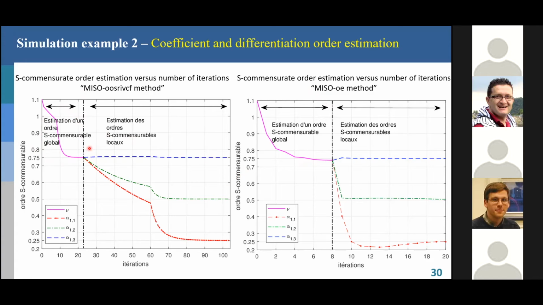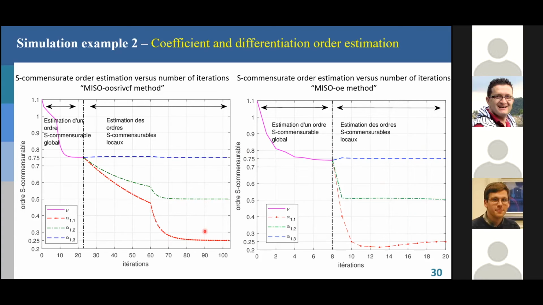And with this initialization, we're gonna relax the constraint of S-commensurability global, and we're gonna estimate three local S-commensurate order. We can see that we had converged to the true parameter for the two methods.